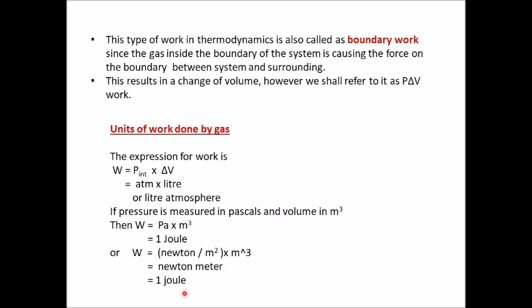But 1 Newton meter is also equal to 1 joule. So, what relationship did you get? Work can be measured in liter atmosphere, work can be measured in Pascal meter cube, that is 1 joule, as well as in Newton meter, that is again equal to 1 joule. So, 1 Pascal meter cube is equal to 1 joule.